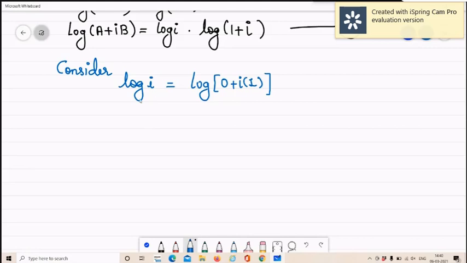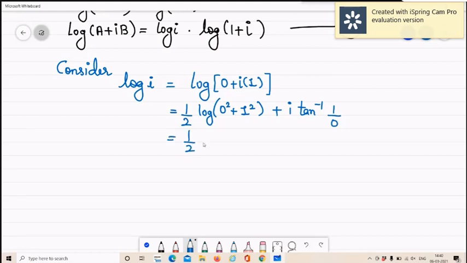Log i can be written as log of 0 plus i into 1. So now here I will apply the log formula, that is half log of 0 square plus 1 square plus i tan inverse of 1 by 0.